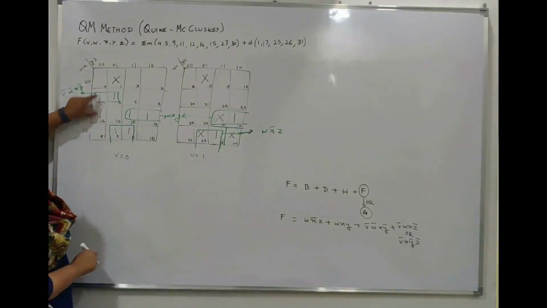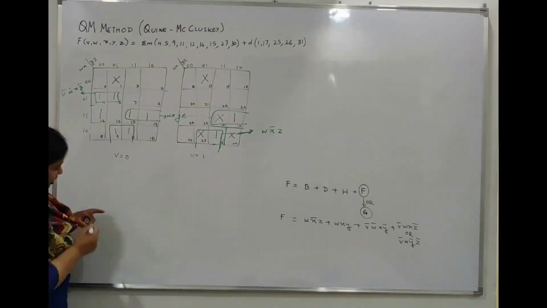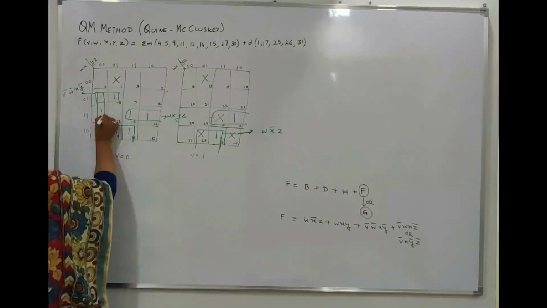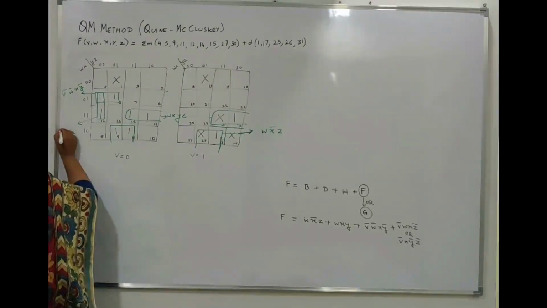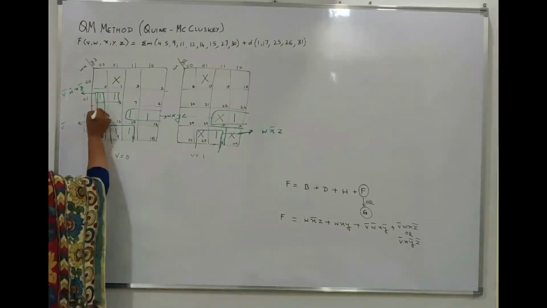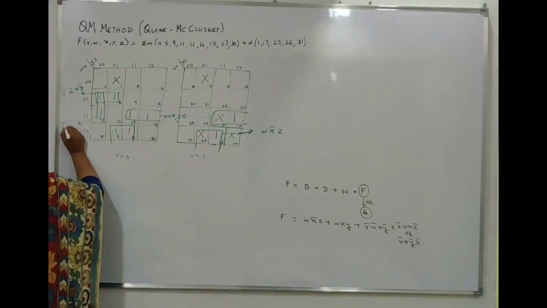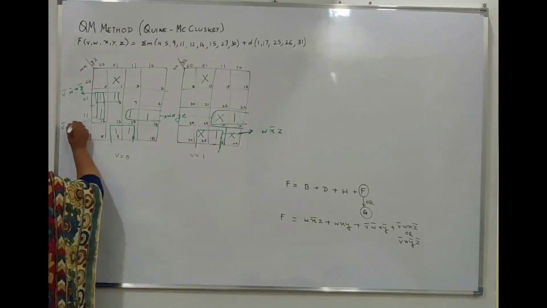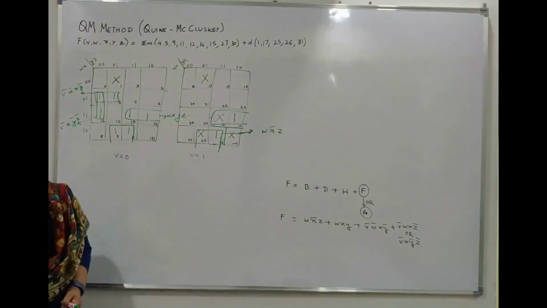Either we can make a group of 4, 12. ठीक है? It will give us V bar, and W is changing, X, Y bar, Z bar. This is one.